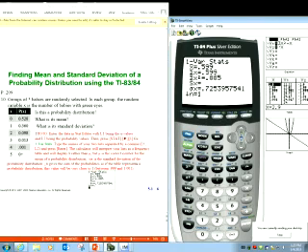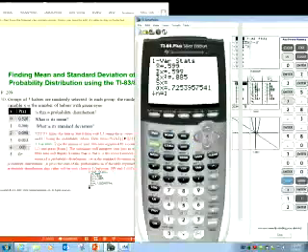So the calculator is going to give me the results X bar, like that's the mean of this sample. Well, we know that that's a probability distribution for a population. And so that's why we're going to write our answer using mu instead of X bar.